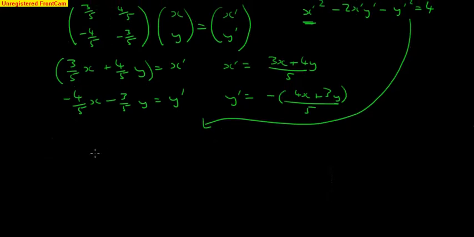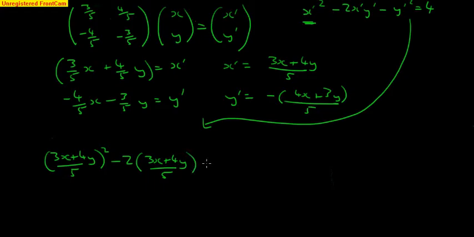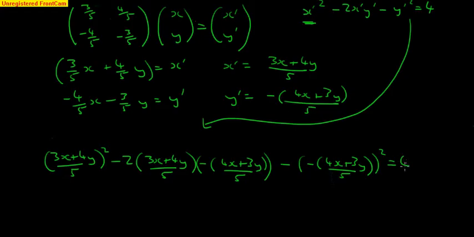Okay, x dash squared, so we get 3x plus 4y over 5 squared, minus 2 into x dash, 3x plus 4y over 5, times y dash, which is minus 4x plus 3y over 5, and finally minus y dash squared, so minus 4x plus 3y over 5 squared, and that lot equals 4.